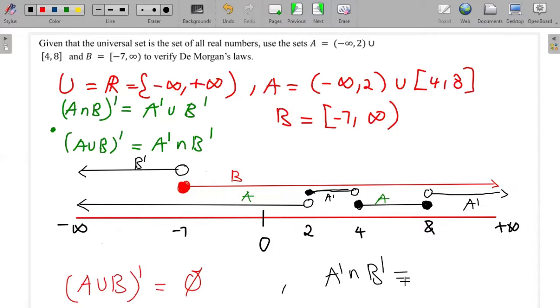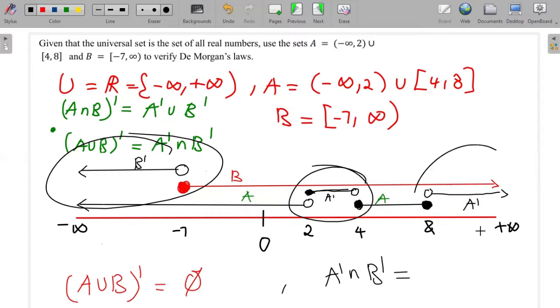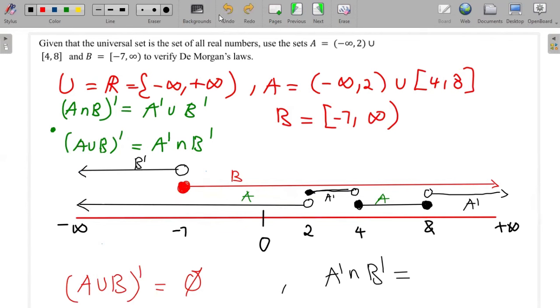There's no point where the A complement is overlapping with the B complement because the B complement is there. The A complement is here and there. So there's no point where they're intersecting. So it means that A complement intersection B complement is an empty set as well. So you can see that we've proved the De Morgan's laws using whatever we were given there.